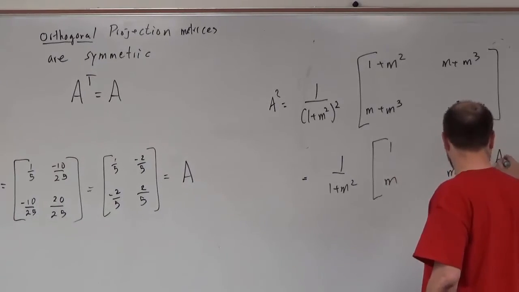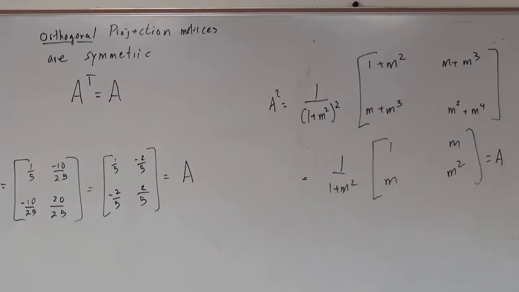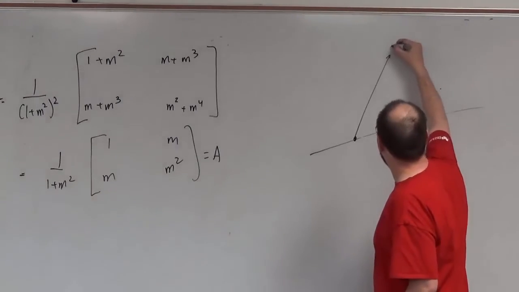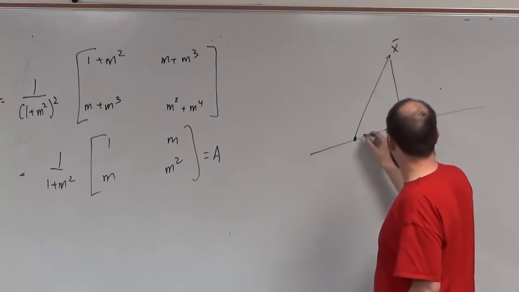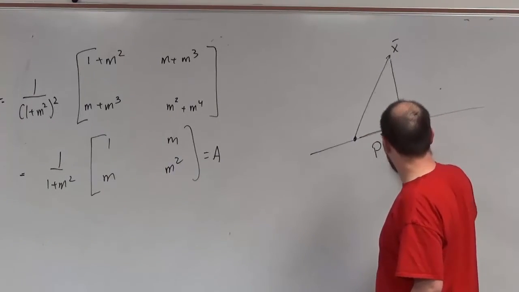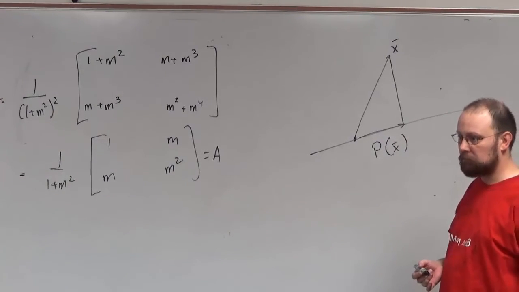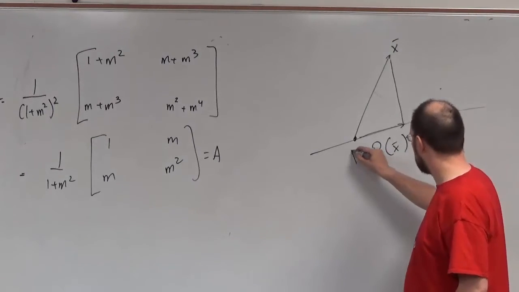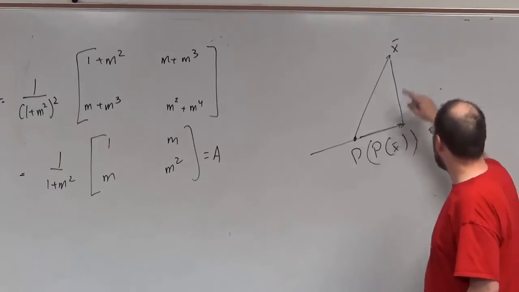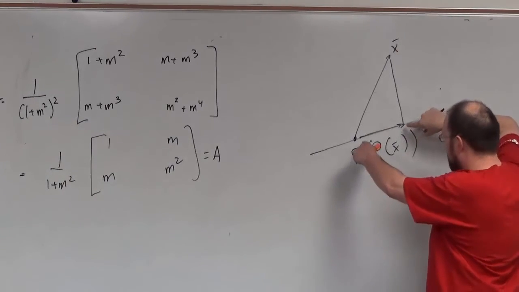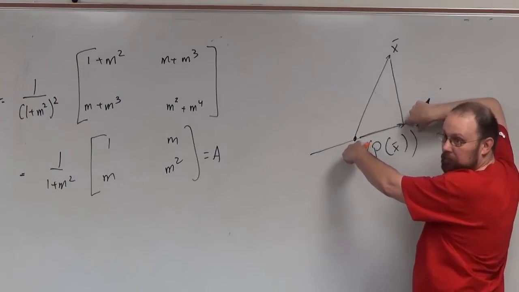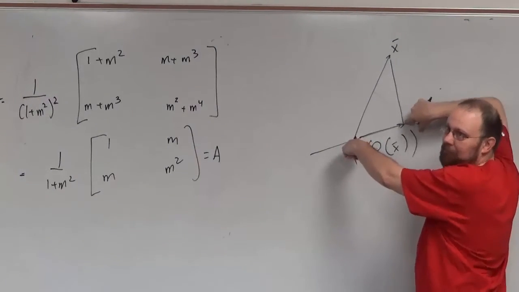That's nice. Now, why would that be, by the way? Why would that have to be? Imagine projecting a vector onto the line, then taking the result and projecting that onto the line again. What would you get? The original. Once you project x onto the line, that image becomes a vector on the line, so when you project that result on the line, you just get back the original.